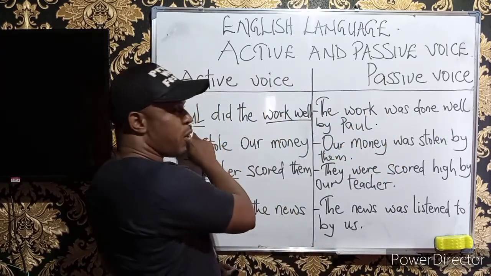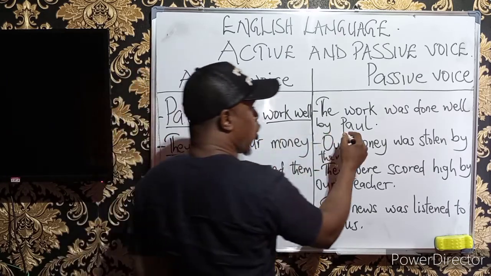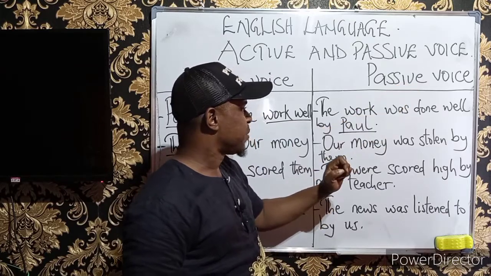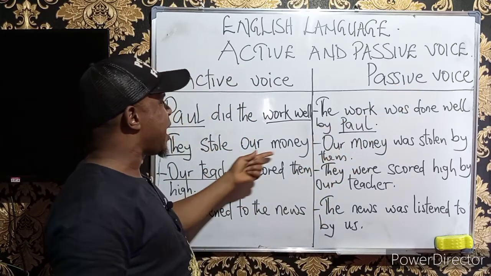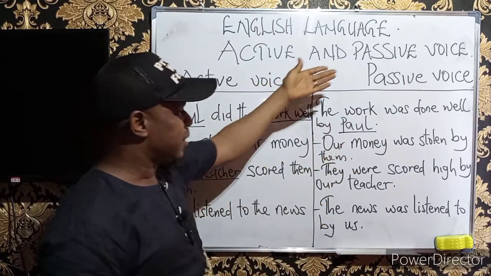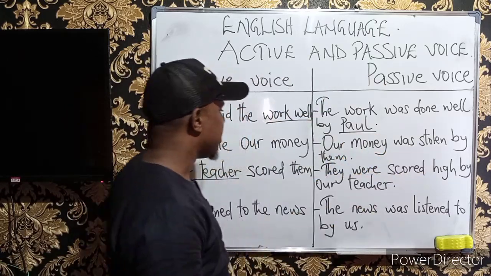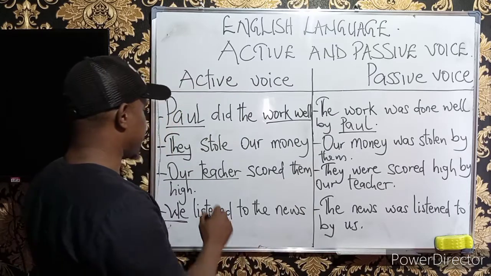Look at Paul, who was the subject, now goes to the objective case under the passive voice. Number two, they stole our money, active. In the passive, our money was stolen by them. Now take note of something here.